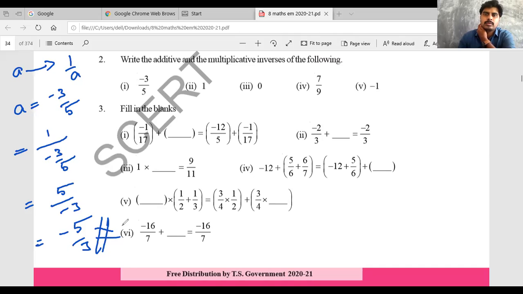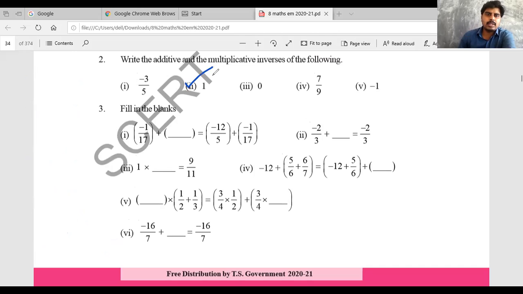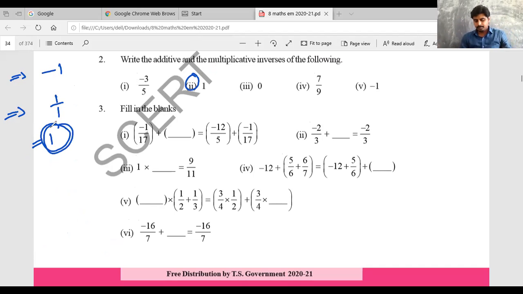Next, one more. Additive inverse of 1 is minus 1. Then what about multiplicative inverse? Multiplicative inverse is nothing but 1 by 1, which is nothing but 1. So 1 is the multiplicative inverse of itself.